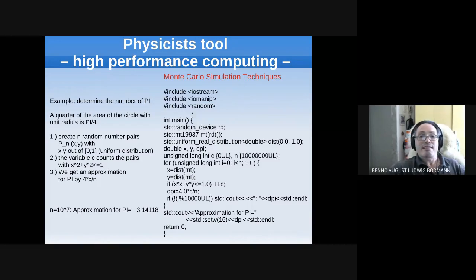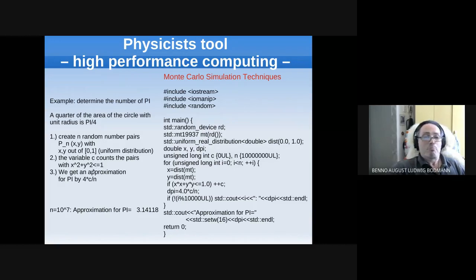I would like to give another example of a Monte Carlo simulation technique, which is also very important for high performance computing. Here's an example for the determination of the number pi. A quarter of the area of the circle with unit radius is pi divided by 4. We can create pairs of random numbers, x and y, in the interval 0 to 1, uniformly distributed. Then we can define a variable which calculates the distance and ask if this is less than or equal to 1.